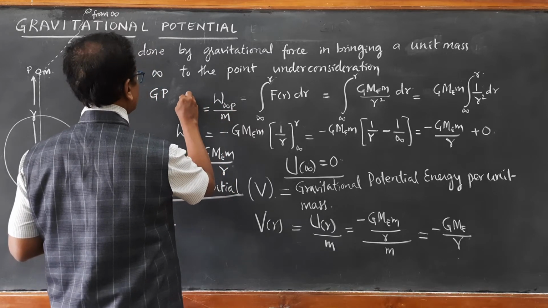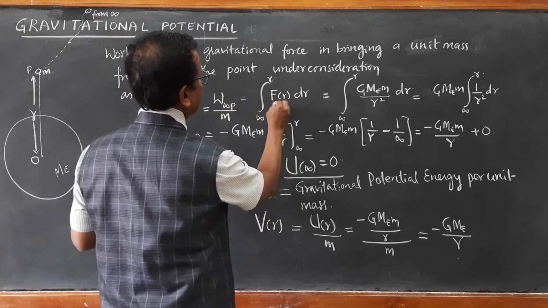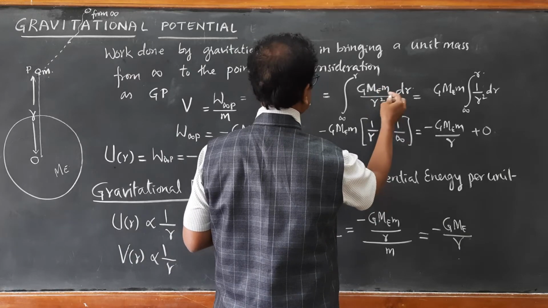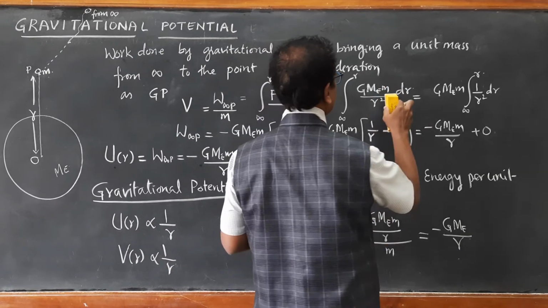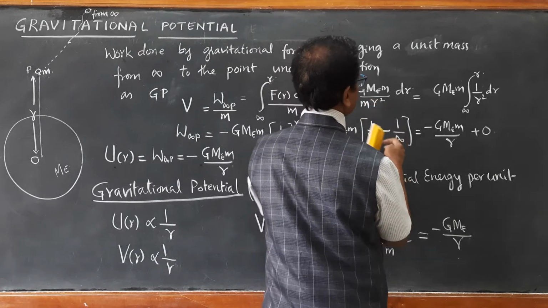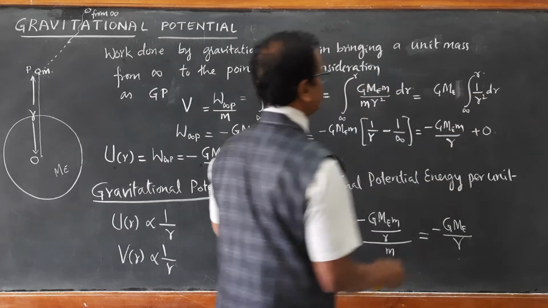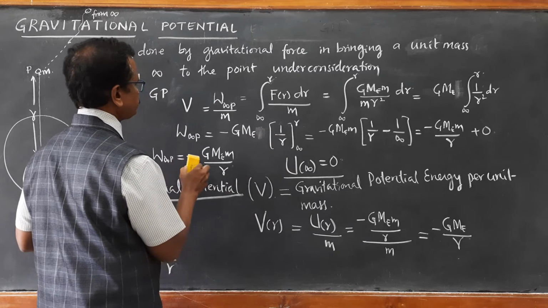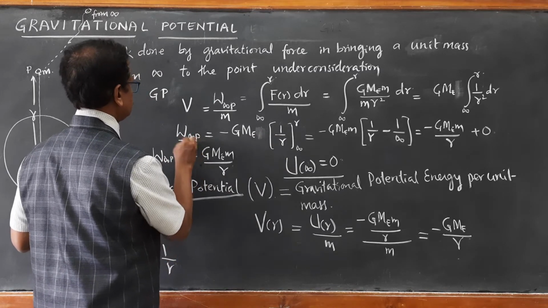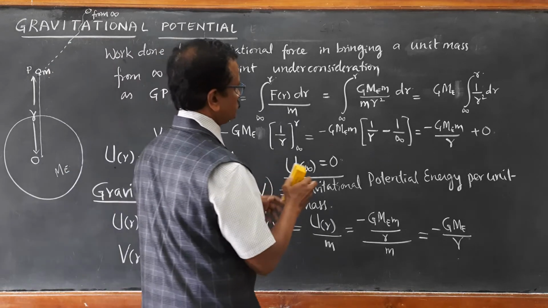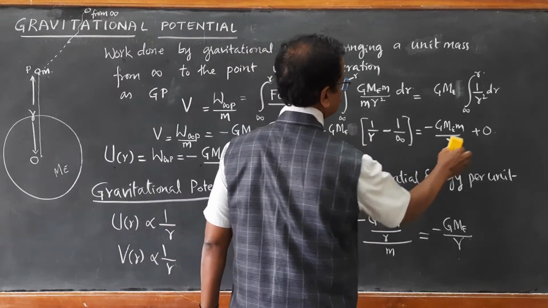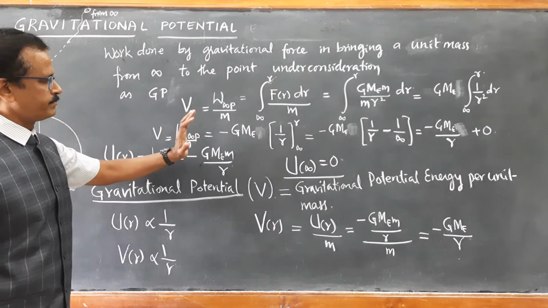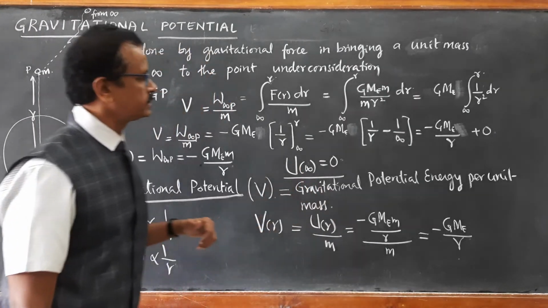This is what we can call V. So if you divide by mass everywhere, mass gets cancelled. You are left with the same thing without any mass. So we carry out the same procedure and divide by mass, and we get the gravitational potential at that point.